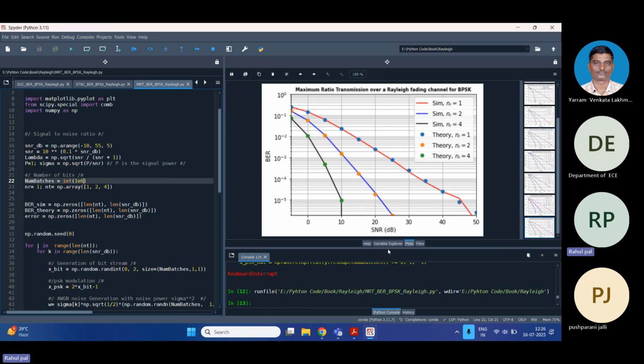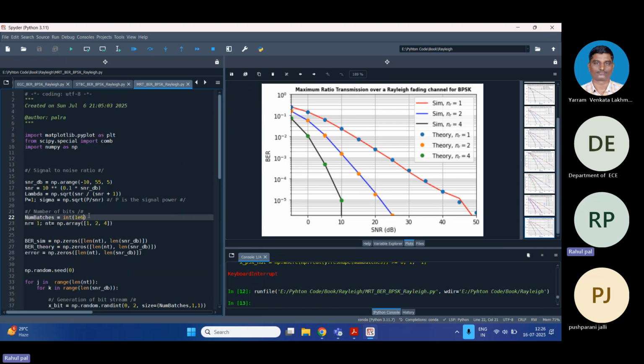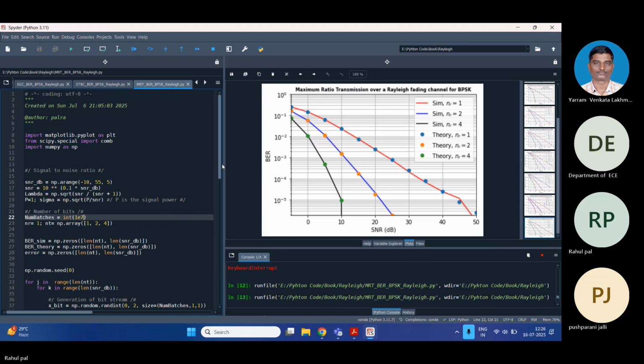I hope you got the code. So try to run that code. I hope this code is already shared with you. So I'm running this code. You can also run the code at the same time, so you'll also get the result on your platform.